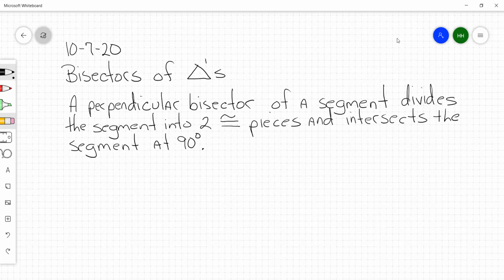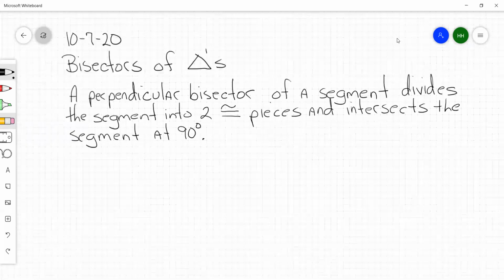A perpendicular bisector does just what its name suggests.